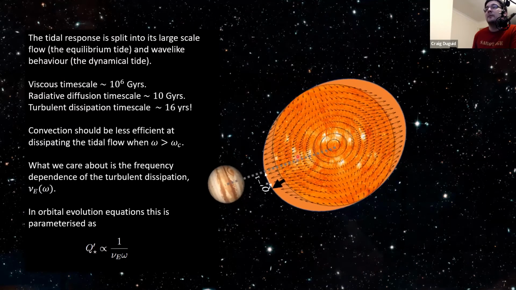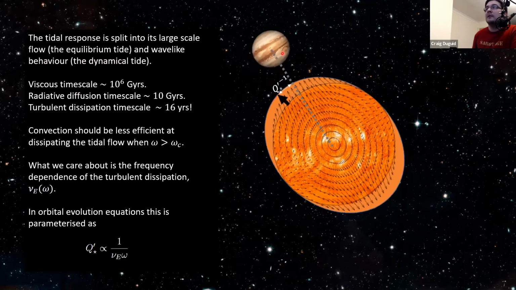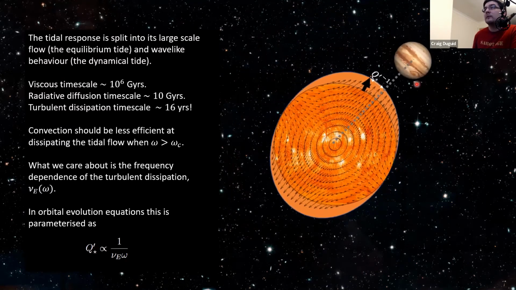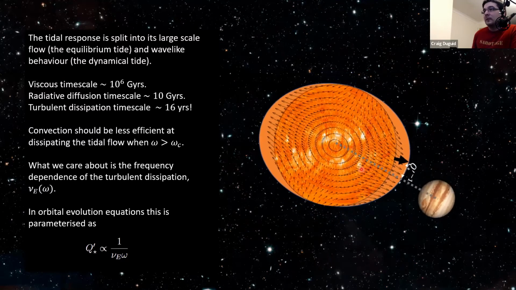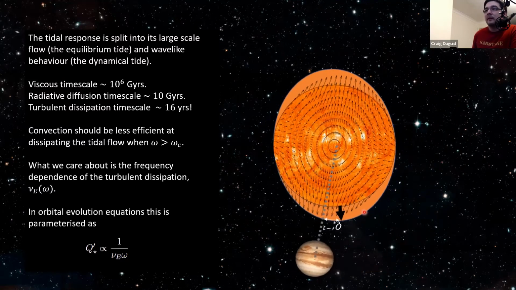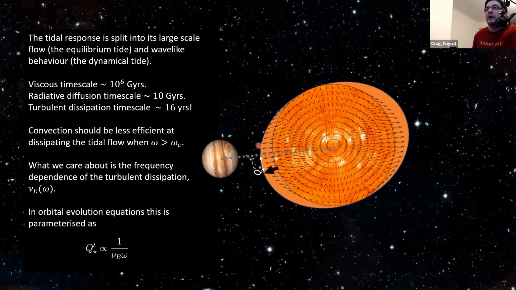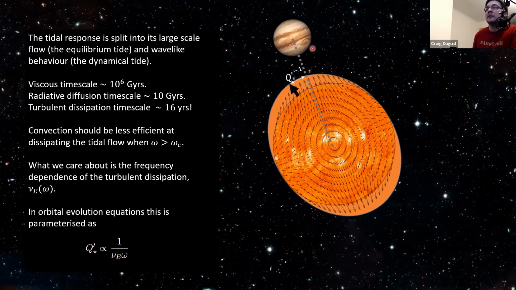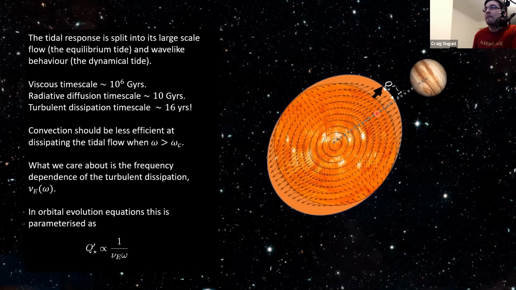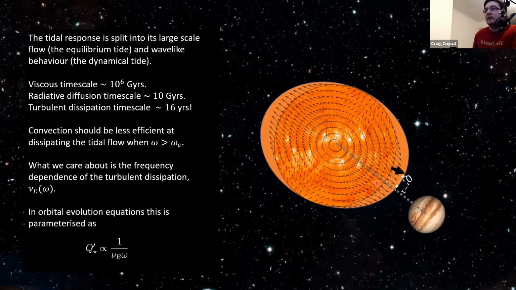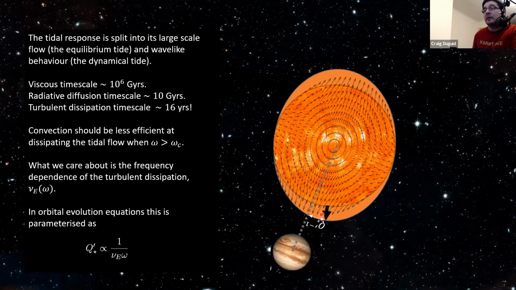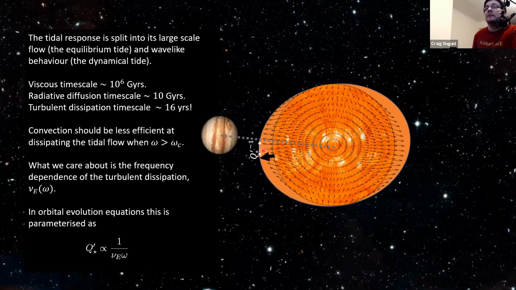This feeds back onto the planet, which then evolves its orbit. If there was no dissipation in the system, then this deformation would align with the line of centers, and due to the symmetry, there would be no evolution in the system. So a key thing in this interaction is the dissipation of the tidal flow.